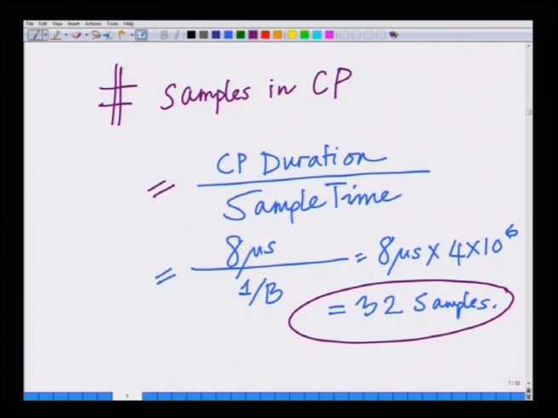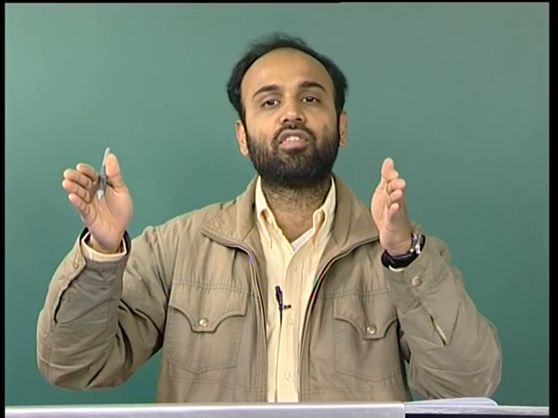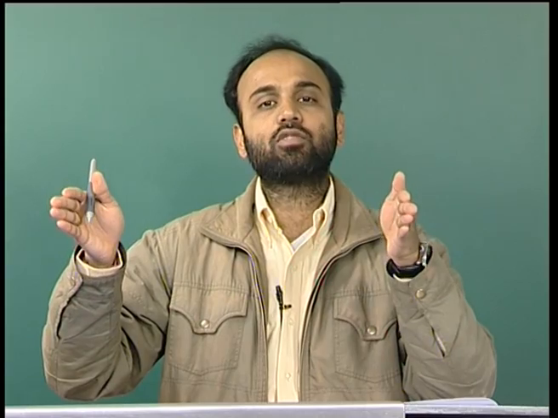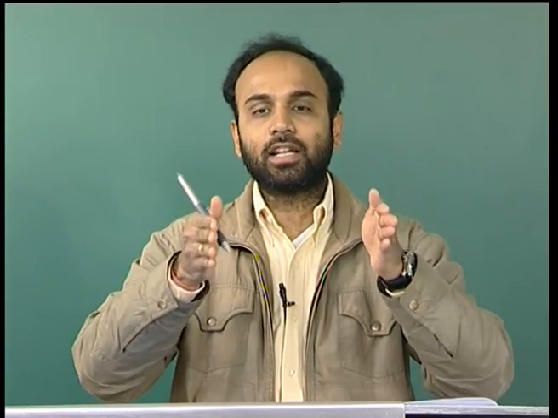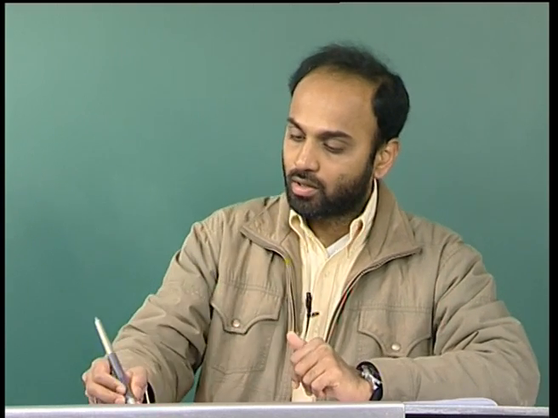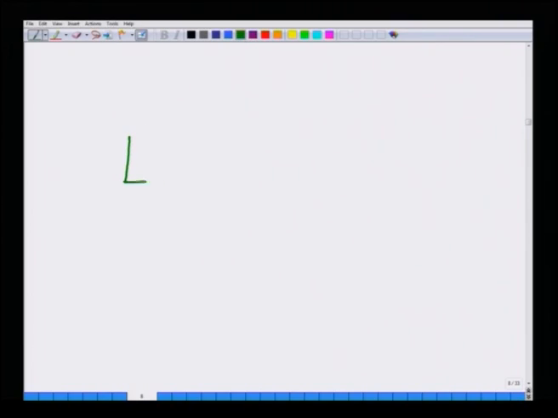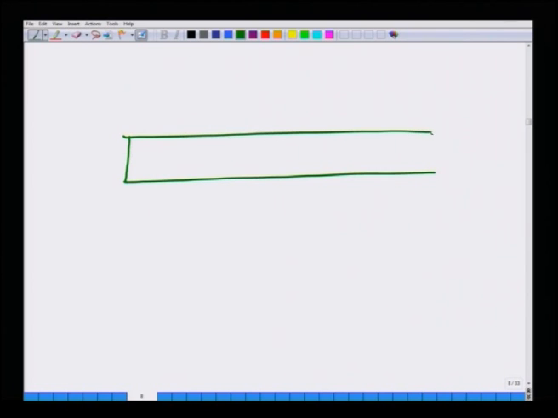We know that the OFDM symbol without cyclic prefix contains 256 samples, that is the size of the IFFT. We add 32 samples of cyclic prefix. So, again drawing a similar figure, this is the 256 sample OFDM symbol.